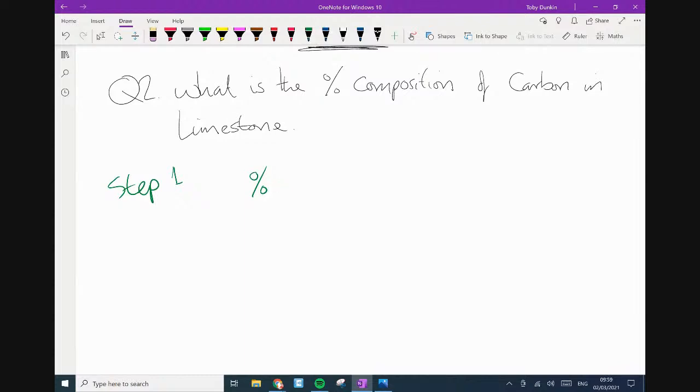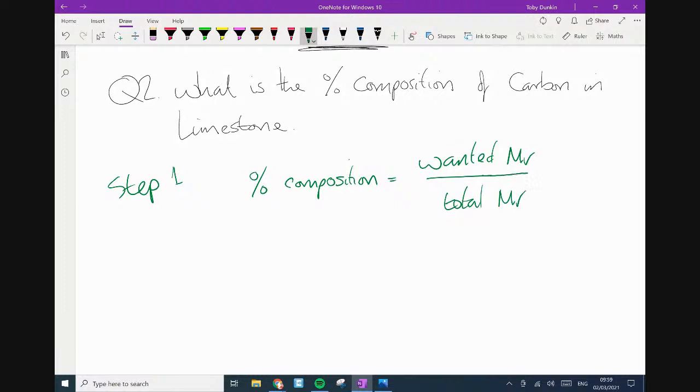Kefren, check your answer. Percentage composition equals wanted MR over total MR times 100. 1 mark for writing down the equation.